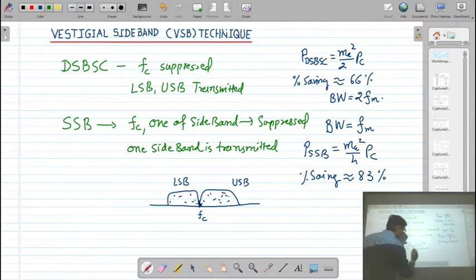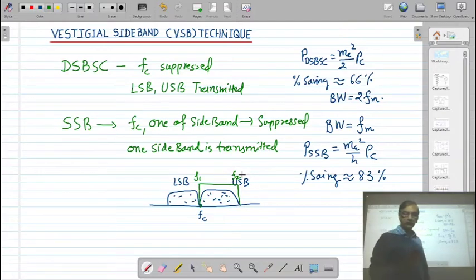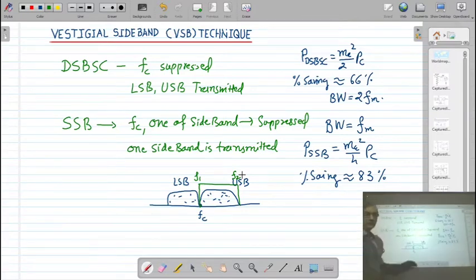Here this filter must have this characteristics, and whatever my lower cutoff frequency and upper cutoff frequency are, they should be very sharp, so that the frequency component of the lower sideband is not going to be transmitted. That is the ideal case. But practically, we don't have this kind of sharp cutoff frequency.